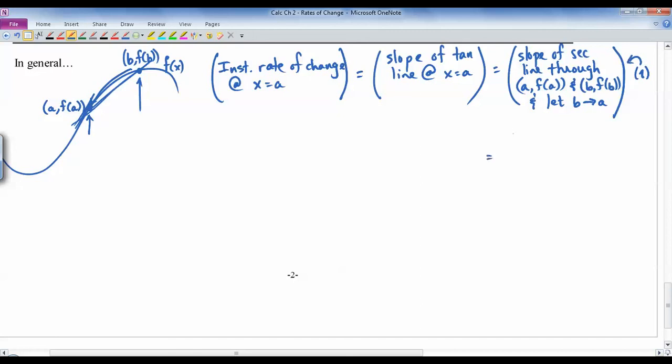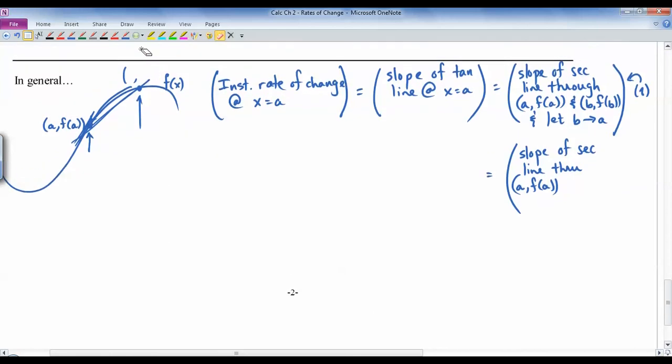The other way of doing it would be to take the slope of the secant line through a, f of a. And instead of calling this b, f of b, you could call it a plus a little bit, f of a plus a little bit.